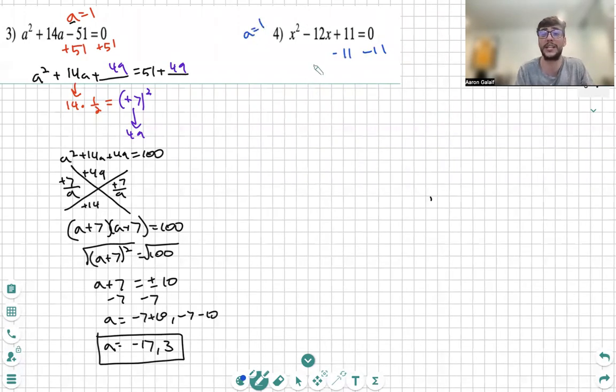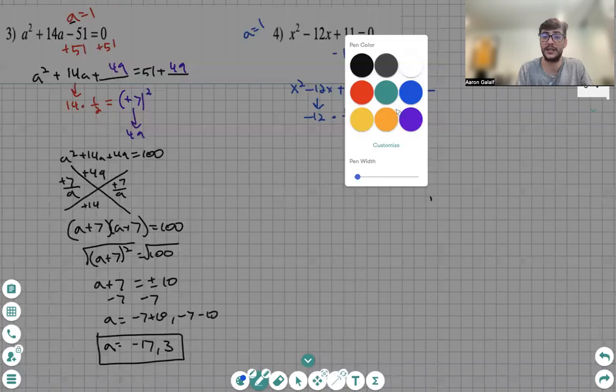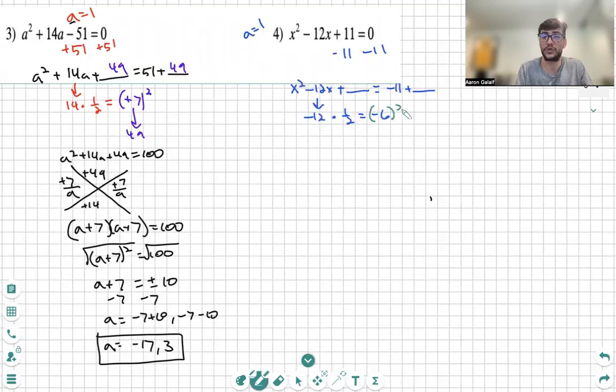A, the number in front of the x squared, is 1. X squared minus 12x plus blank equals negative 11 plus blank. We're going to bring the negative 12 down, multiply it by 1/2, negative 6. We are going to square that, 36.